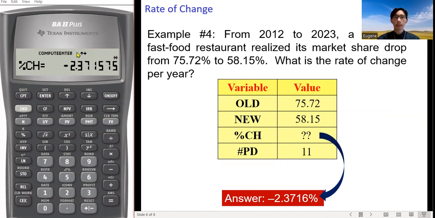The answer is negative. So this is a percent decrease. The average percent decrease per year is 2.3716%. Let's move on to the next question.